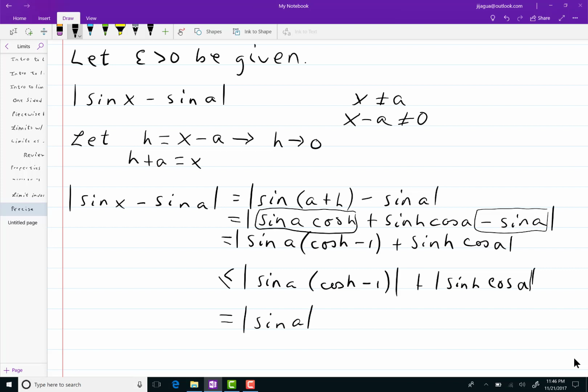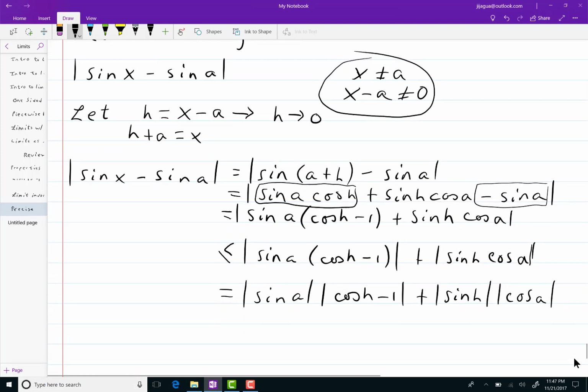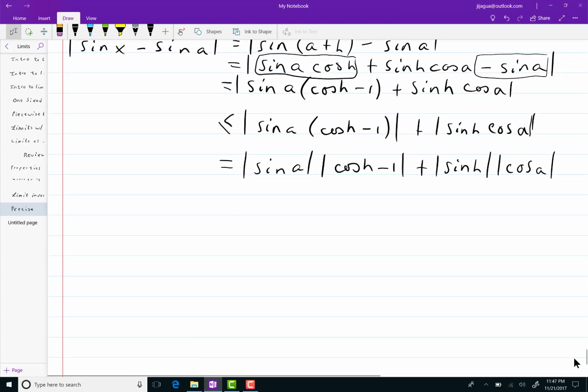I'll have the absolute value of sine of a times the absolute value of cosine of h minus 1, plus the absolute value of sine of h times the absolute value of cosine of a. And you'll see in a minute why it was so important for me to have x does not equal a. I don't want a 0 happening in there. Now let's take a look at some of these things.